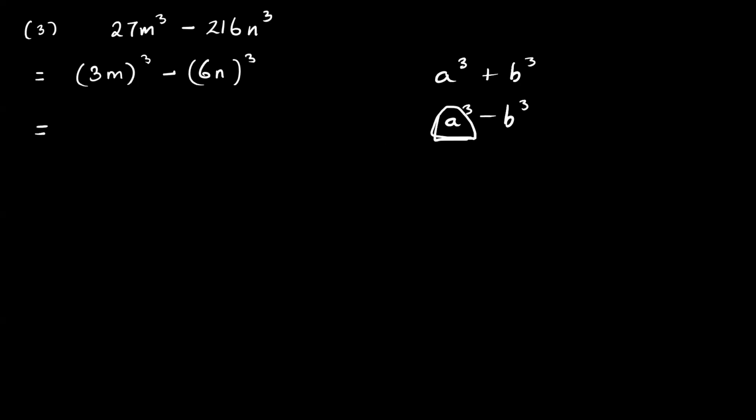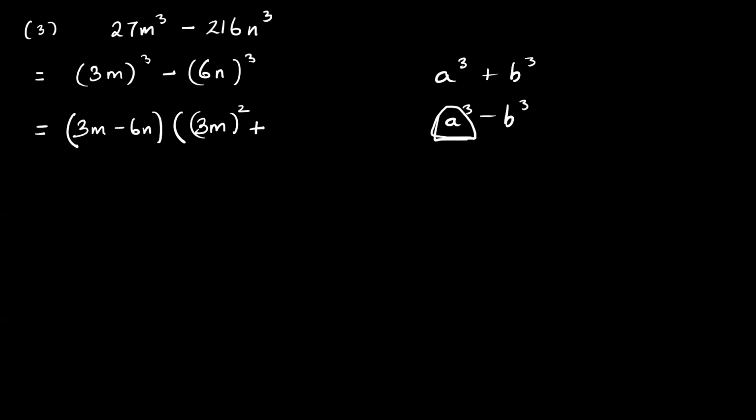Now tell me what is the formula of a cube minus b cube? In first bracket, a minus b, and second bracket, a square plus ab plus b square. So in first bracket, a minus b, what to write? 3m minus 6n. In second bracket, a square plus ab plus b square. So what is a square? 3m square. Then sign is minus or plus?